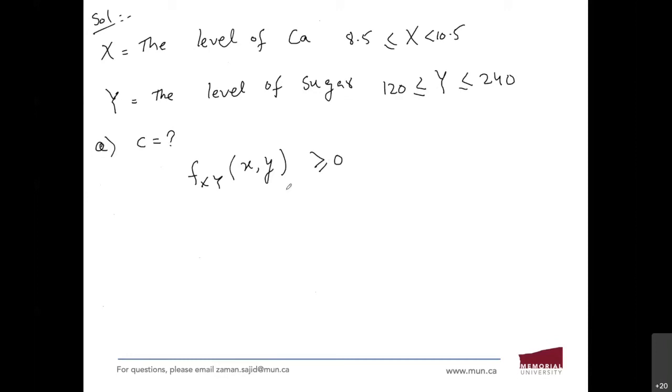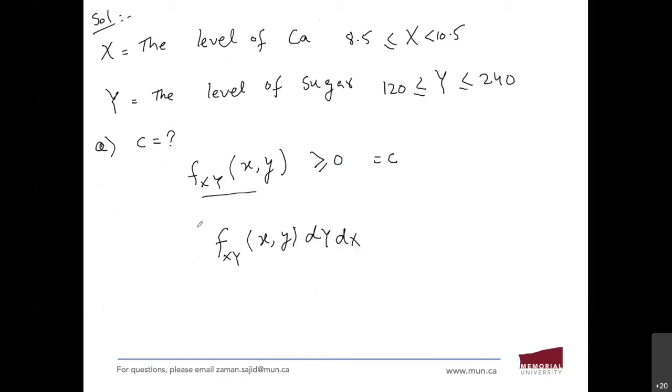According to the given question, this is also equal to c. The second condition was the integral of f of x, y into d of y into d of x.